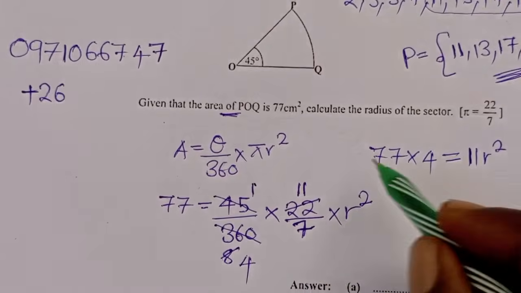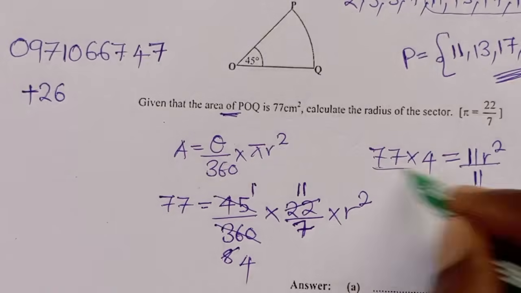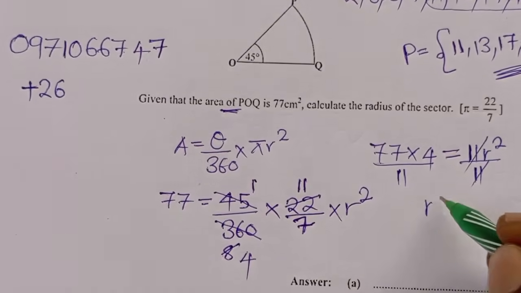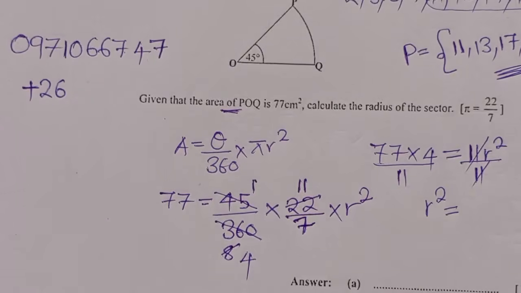Now I want to find the value of r, so I divide both sides by 11, and the 11s cancel. R squared is equal to the product of the remaining terms.